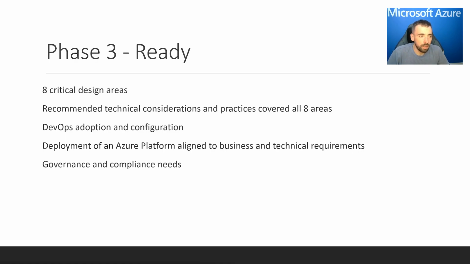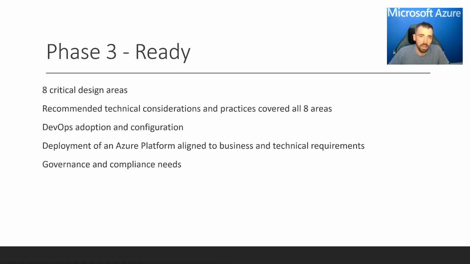So phase 3 is focused on the implementation of what's known as an Azure landing zone, and this is ultimately the Azure platform, the key core centralised services, typically those services that would be managed by a central IT team, and implementing those. And it fits into 8 critical design areas.